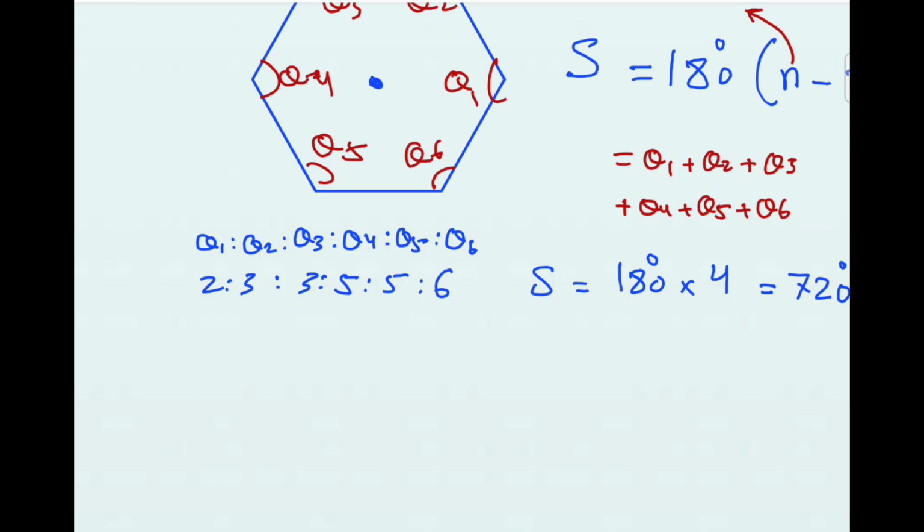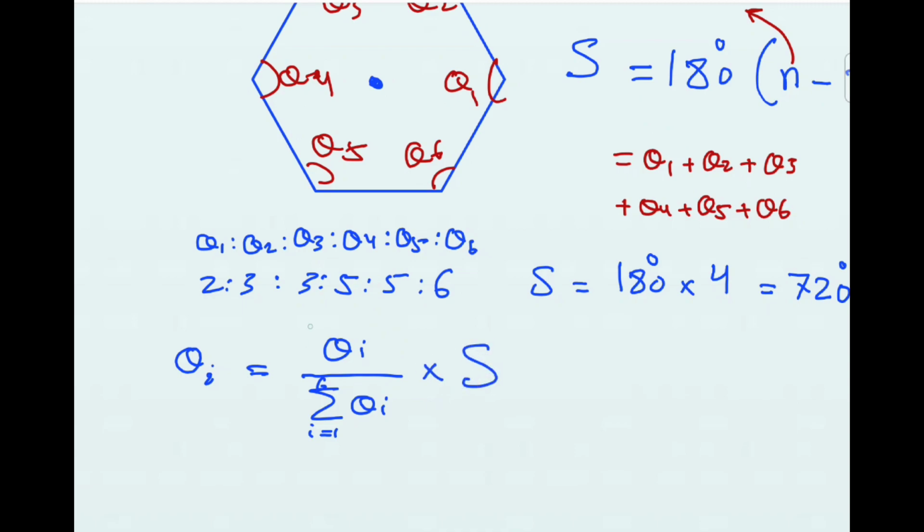So the formula to find each angle, so basically any angle theta i, where i is either 1, 2, 3, 4, 5, 6, is equal to, so if you call these ratios, it's just the ratio for theta i divided by the sum of all these ratios from 1 to 6, multiplied by the total angle.